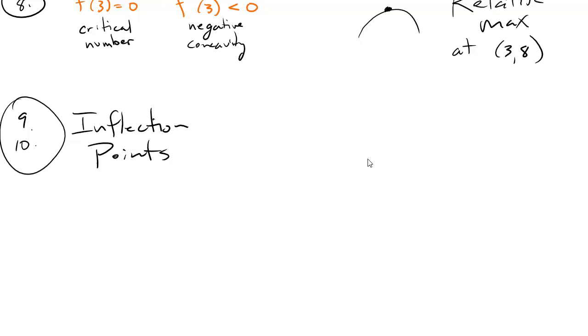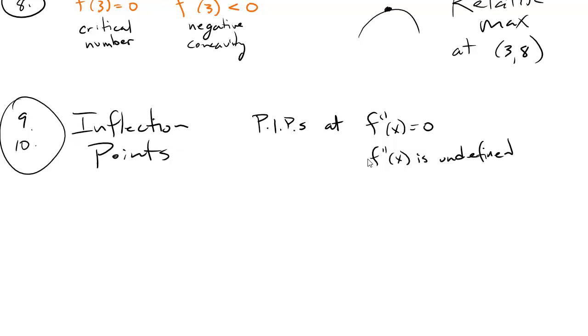Good. So possible inflection points are when the second derivative is equal to 0 or undefined. So you might have to find this on your own, or you might be given it.